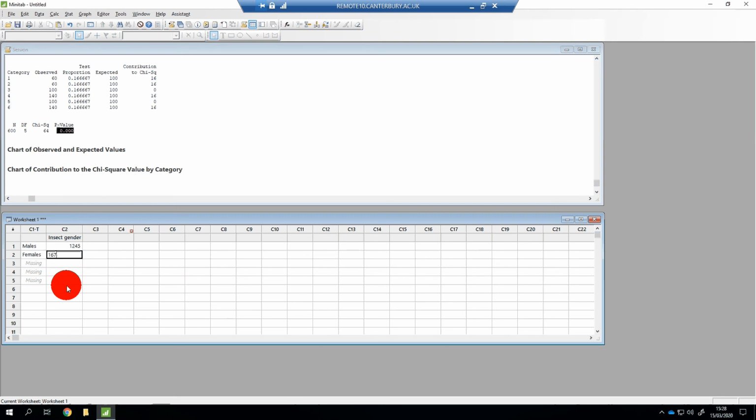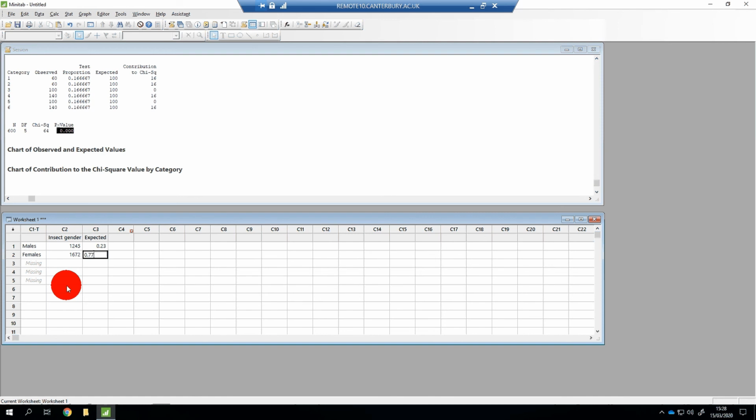But let's say that's a sample I've recorded out in the field. I've collected a certain insect species and checked how many males there are and how many females there are. But let's say my expected outcome here would have been, based on literature that I've read and how these species behave, I would have only expected 23% of the insects to be males. So let's say this should be 0.23, percentage expressed as a decimal. And the female proportion would therefore be expected to be 0.77.